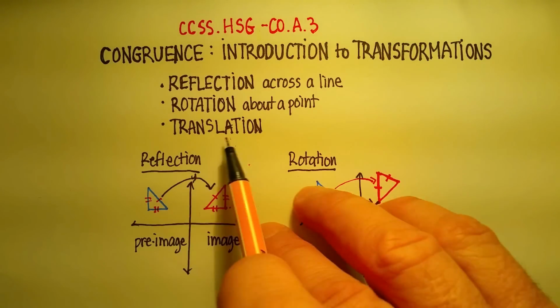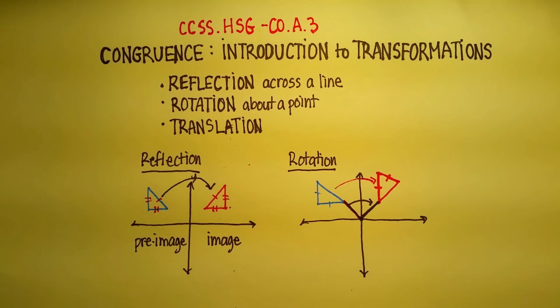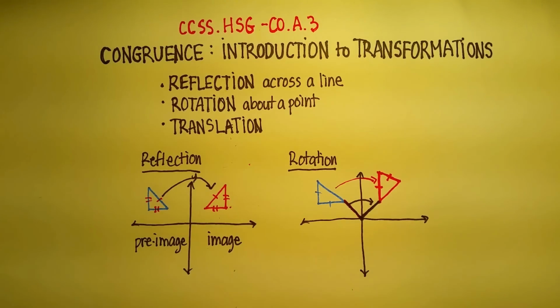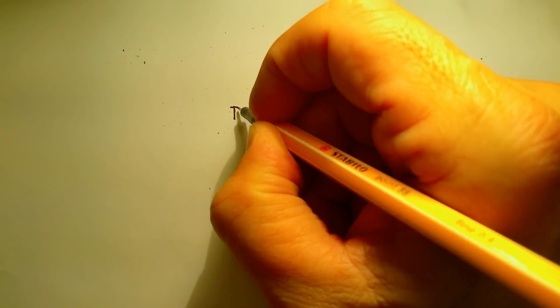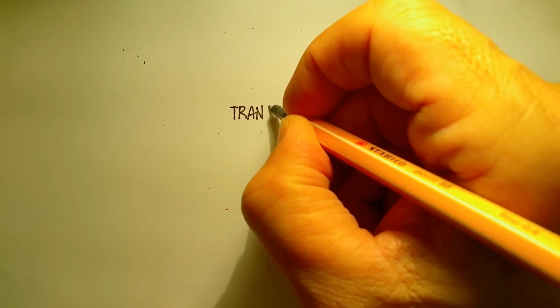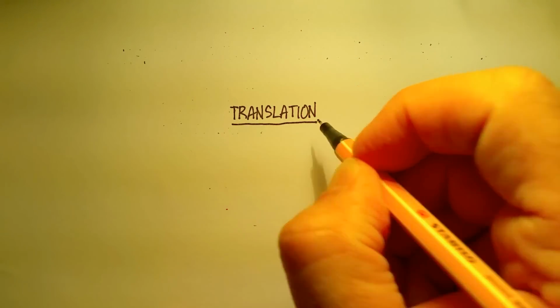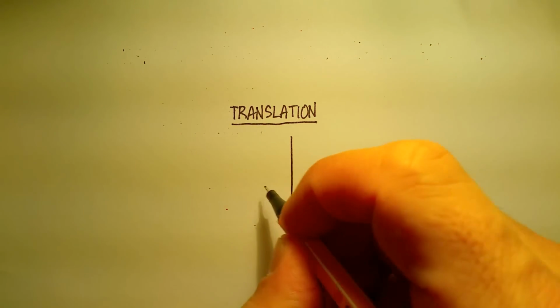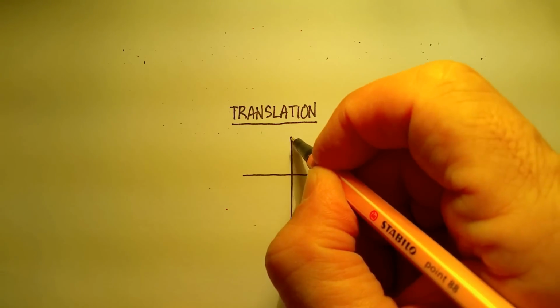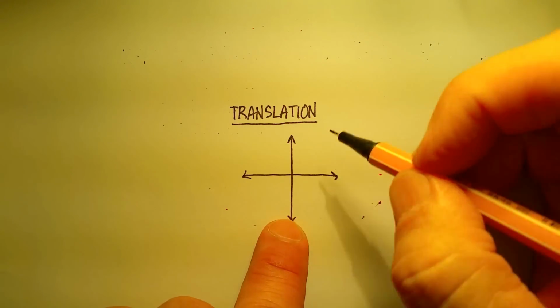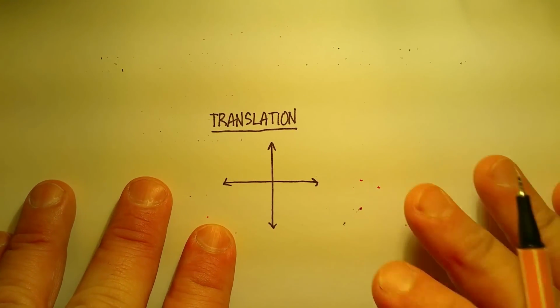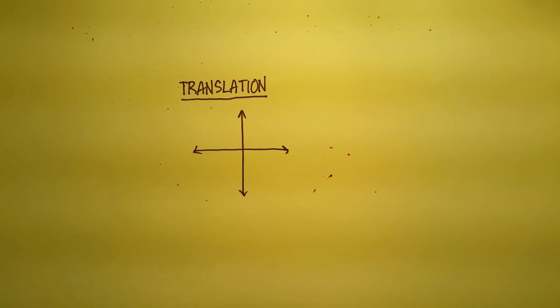Now let's go ahead and move to the very last part of this introduction. That's called a translation. And this one's probably the easiest of the three to recognize. All right, so let me just move this paper off a little bit. So what is a translation? Again, let's just go ahead and take our XY axis. Now, you'll notice that most of these transformations are taking place in what's called the coordinate plane, and you'll remember that from geometry as just the XY axis, right?